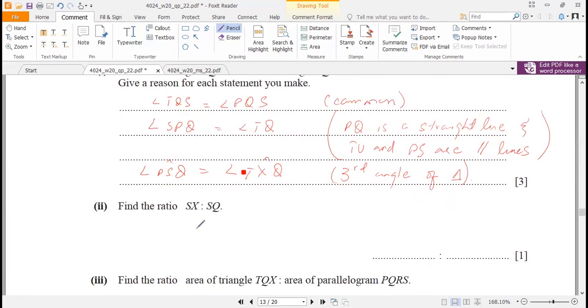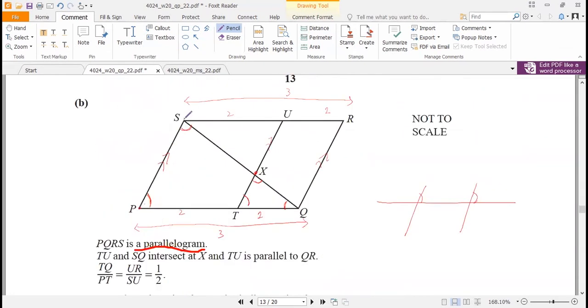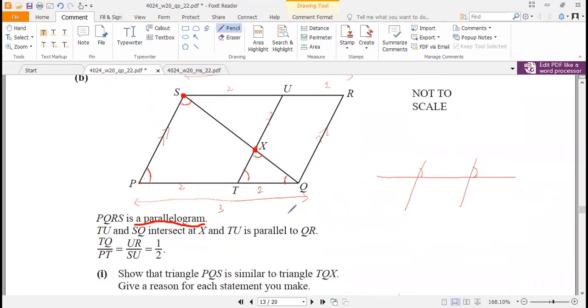Okay, now come to part 2. SX to the ratio of SQ. Now, this is SX and this is XQ. Firstly, we need to understand this.